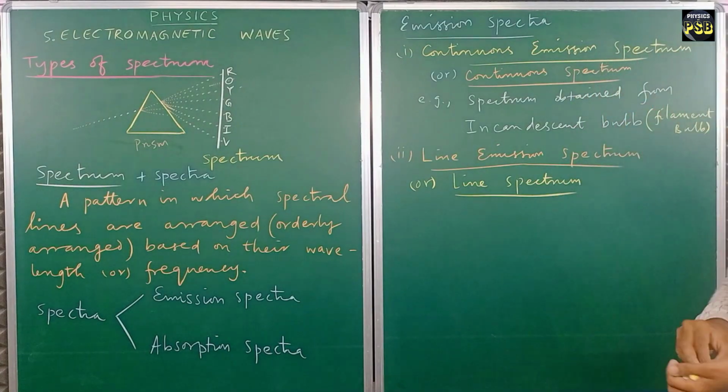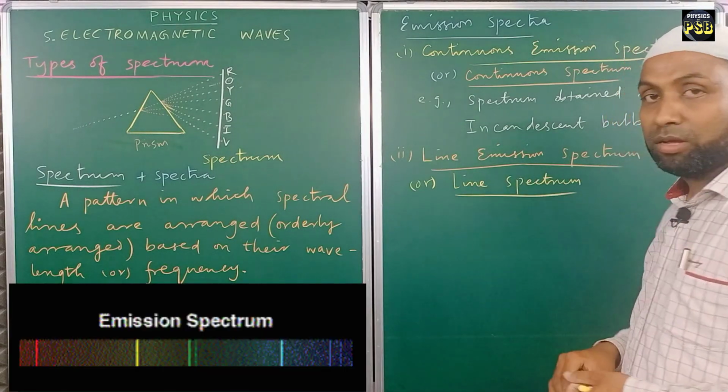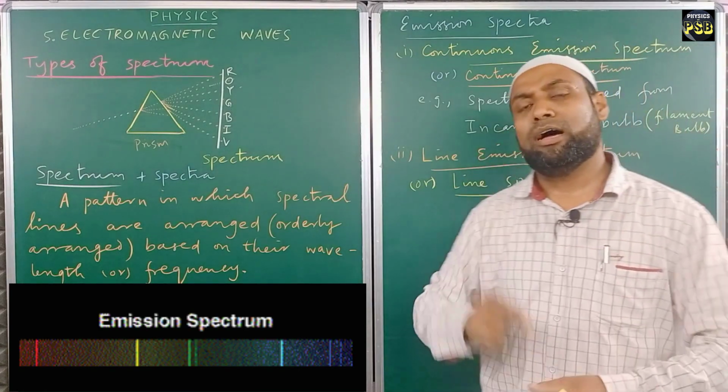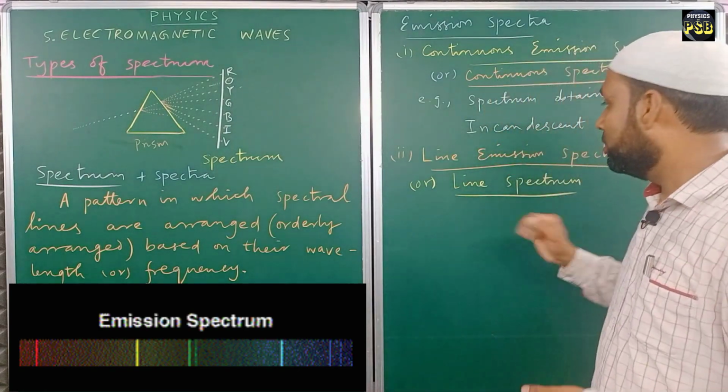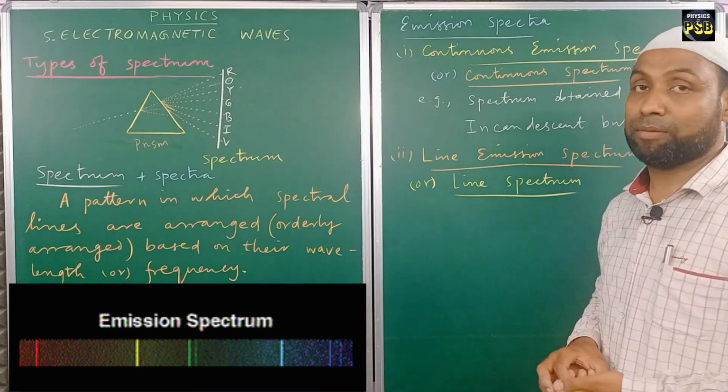As the name denotes, this spectrum consists of certain lines of a particular wavelength. What is the source of this line spectrum?